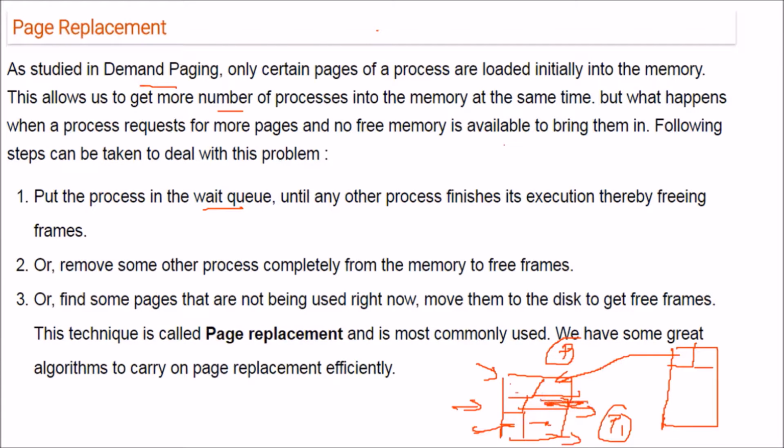This page can be removed from this frame, and the frame freed, so that the process which requires a page to be brought into memory can be completed. This technique is known as page replacement.